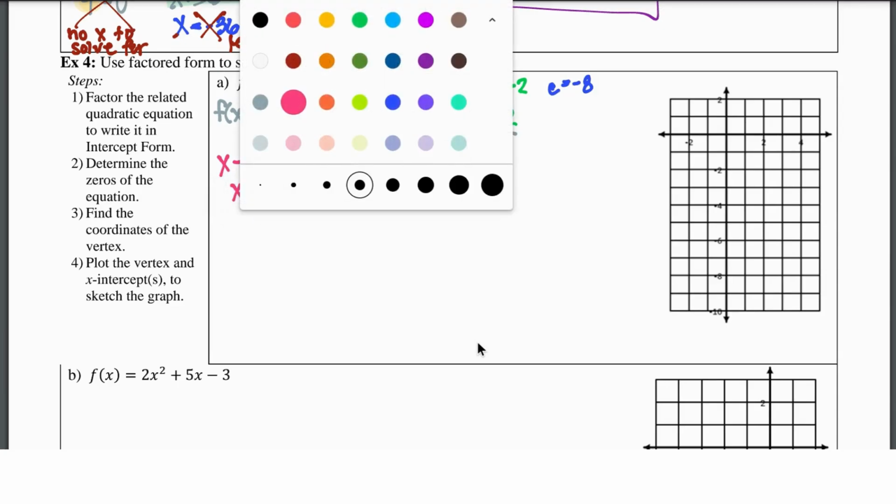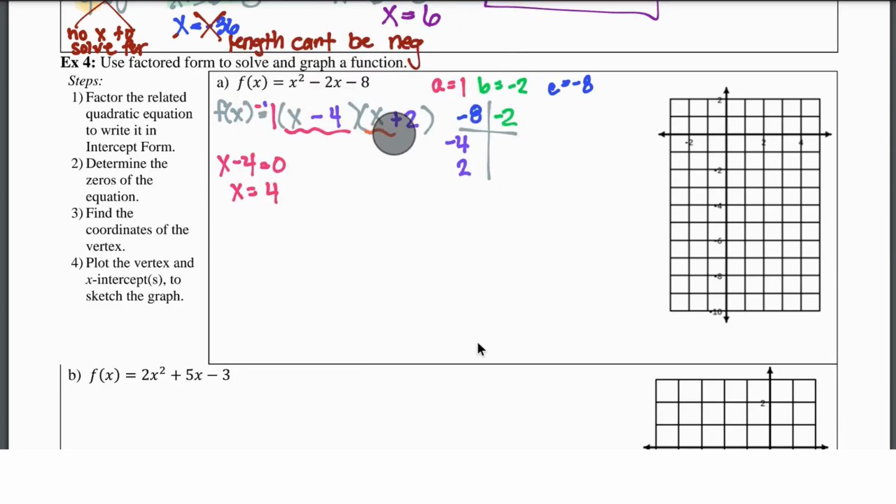And then if we take the second factor, x plus 2, and set it equal to 0, that would mean that we have an x-intercept at -2. So what these two numbers tell us is that our graph has the following x-intercepts.